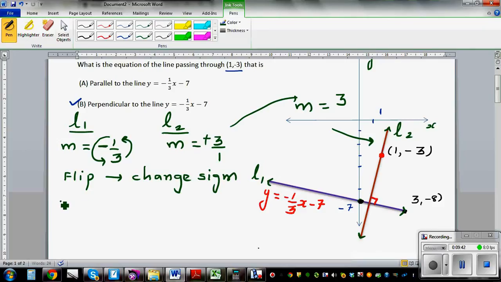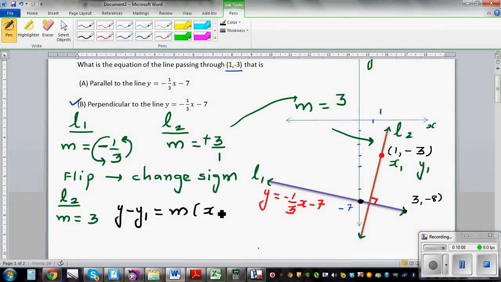So you got the gradient, so we're going to write the equation of L2. So I can say m is 3, and this is your x1, and this is your y1. So the same process. Let me use a different color. y minus y1, you can pause this video and try to do this yourself, equals m times x minus x1.